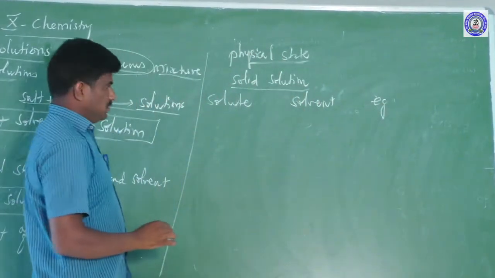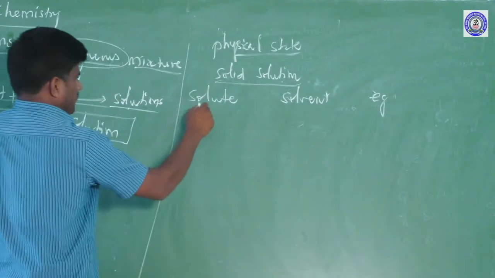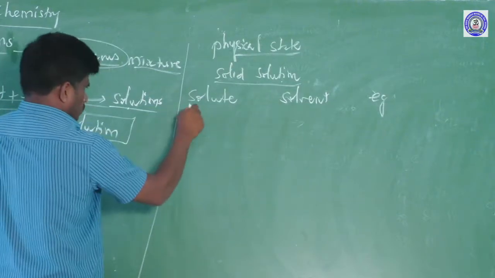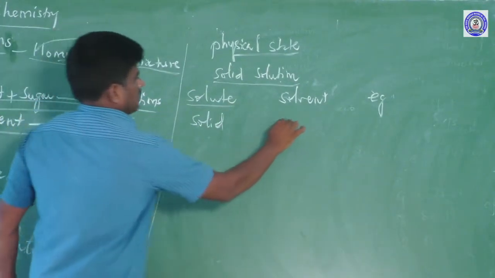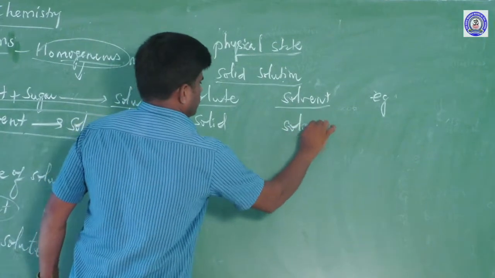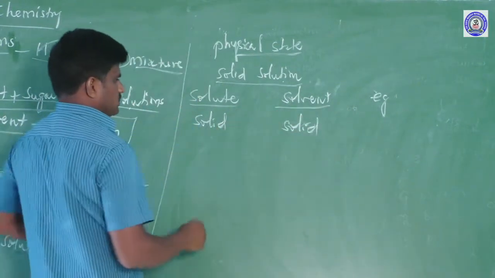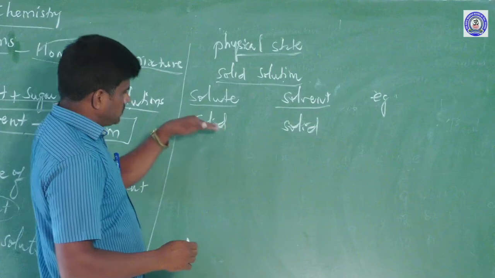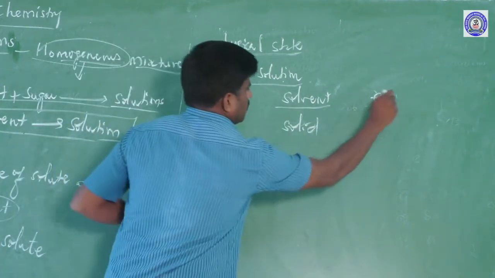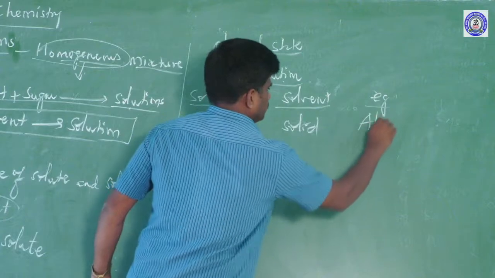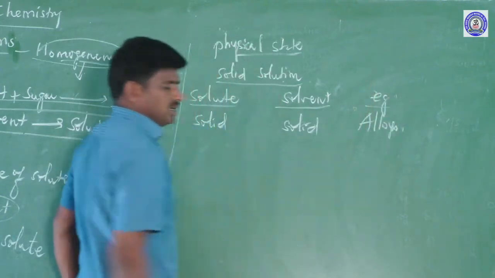In a solid solution, the solute is solid and the solvent is also solid. The best example for this is alloys. Alloys are the best example.